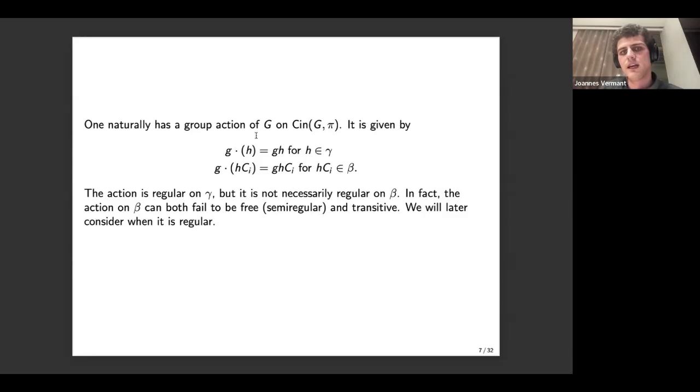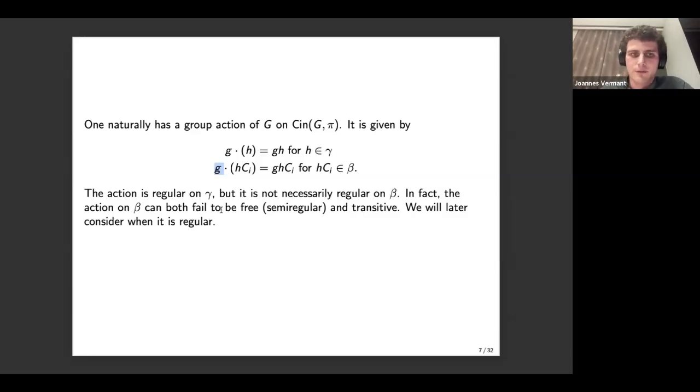So if we want to apply g to this vertex h, then this is just g times h. For the elements in the other bipart, beta, we also just multiply this cell on the left, so we translate it by g. And this action is regular on the bipart gamma, but it's not necessarily regular on beta.